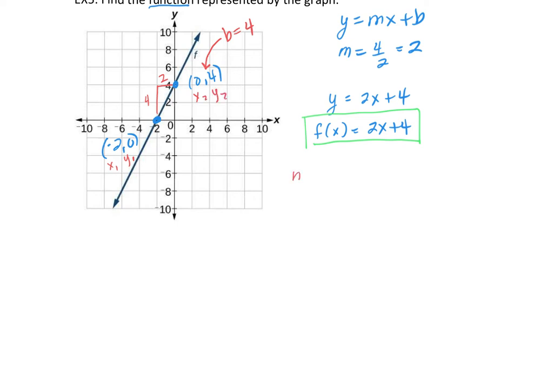So if I were to compute the slope, it would be 4 minus 0 over 0 minus a -2, which would be 4 over 2. And that would be 2. So it doesn't matter if you count or if you use the formula. Now, if you don't have nice points, which are integers, so you have fractions or decimals, it's best to just use the slope formula.